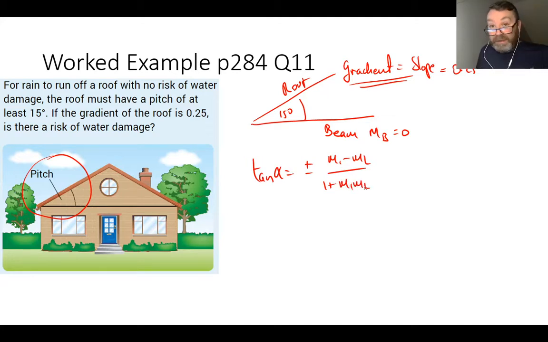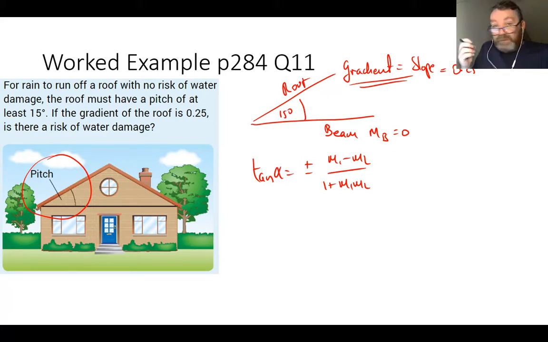And I'm going to see what slope do I get when I put in 15 degrees here. Okay, so I'm hoping that the roof must have a pitch of at least 15 degrees. So for rain to run off a roof with no risk of water damage, the roof must have a pitch of at least 15 degrees.